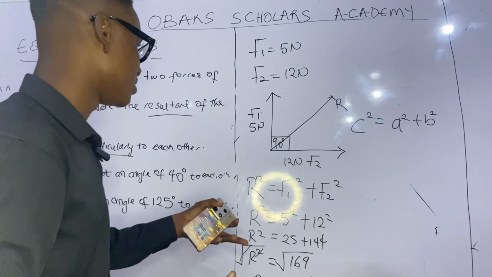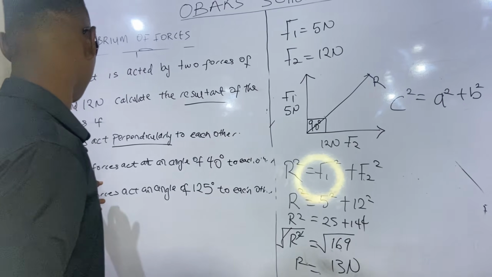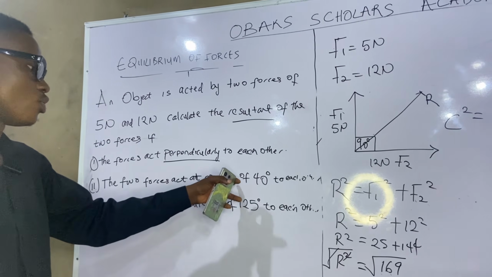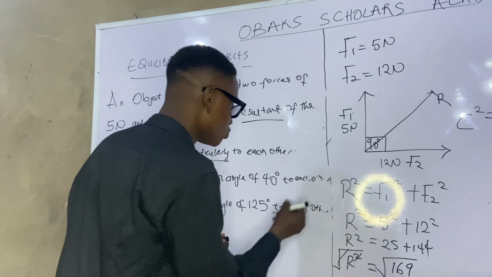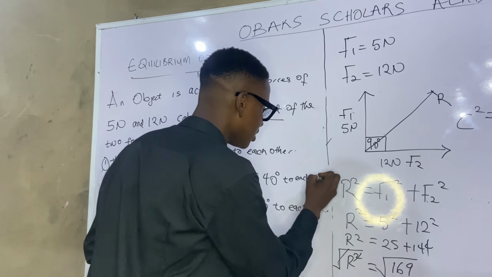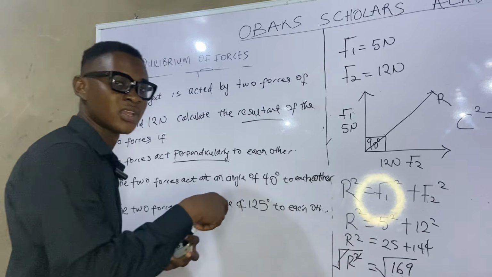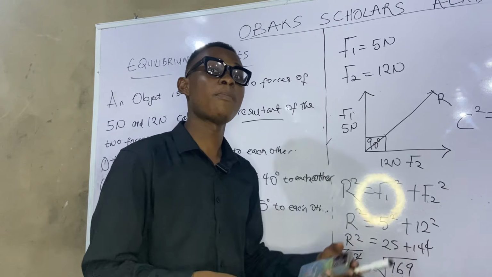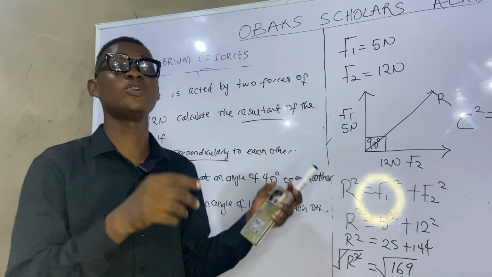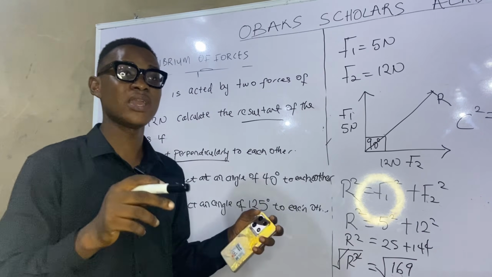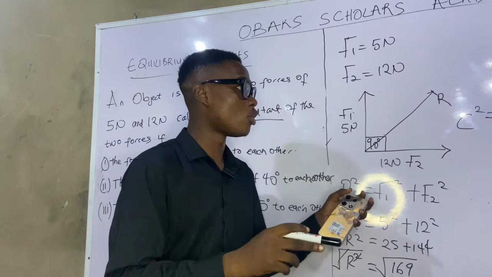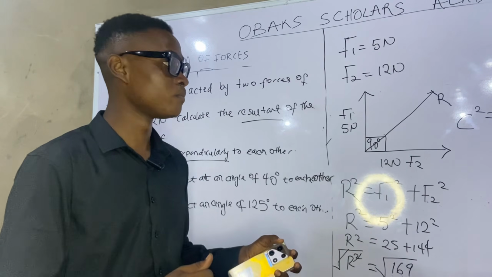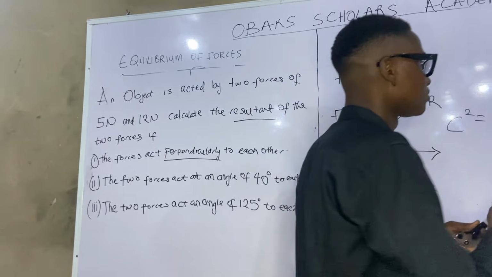So let's take the second question. They say if the two forces act at an angle of 40 degrees to each other. Now, if two forces are acting at an angle that is not perpendicular, that is, the angle is not equal to 90, that is where the cosine rule, or rather the parallelogram law of vectors, comes into play.